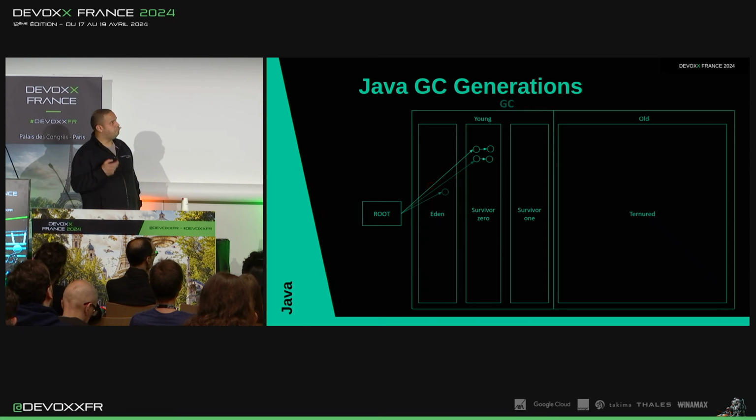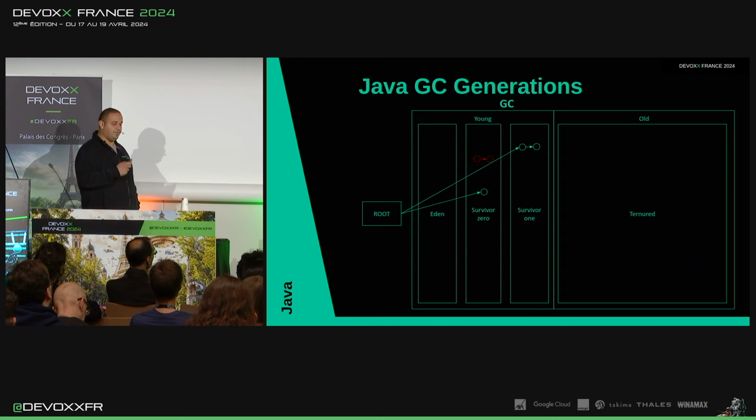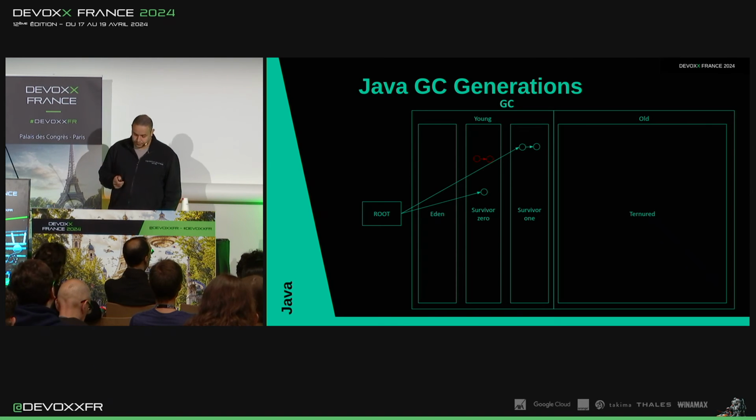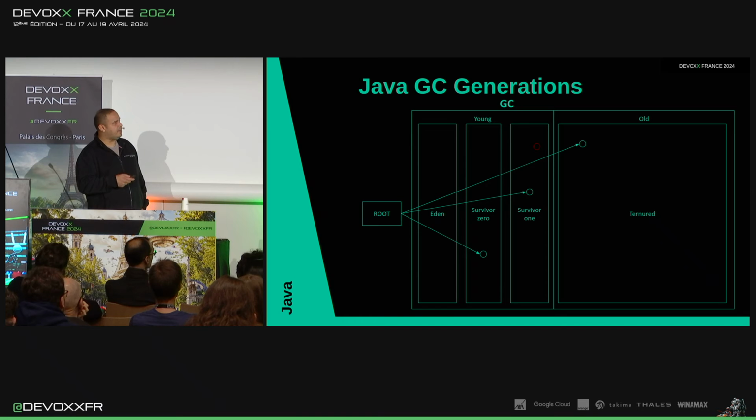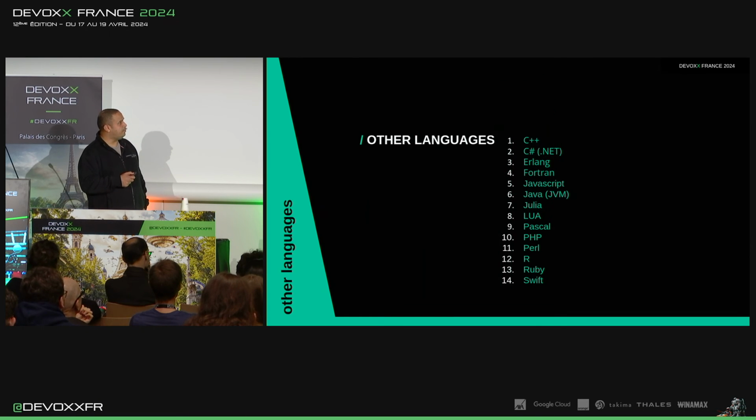So we keep creating objects, we keep dereferencing objects, and the garbage collector passes, removes this thing here, and moves things from the heap to survivor 0 and from survivor 0 to survivor 1. And finally, we create more objects and reference some of them, and the garbage collector passes and moves things around.